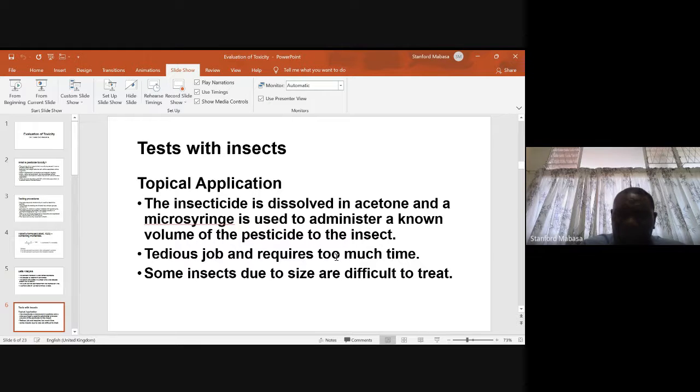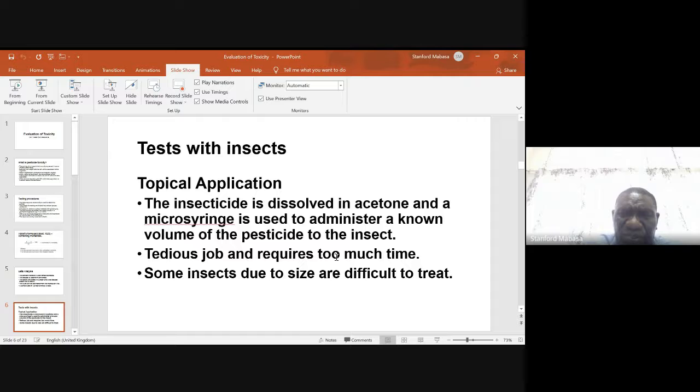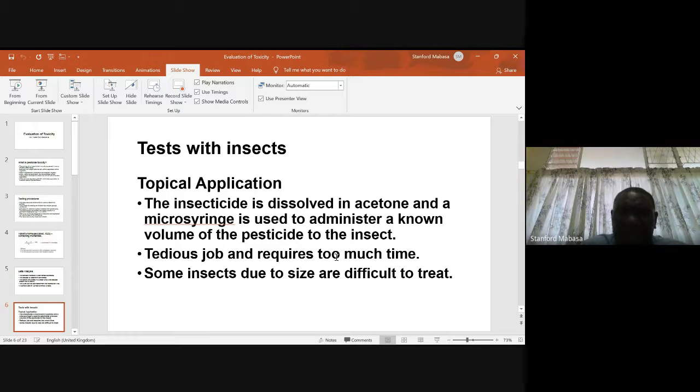Then you are going to use a micro syringe, which you take that pesticide dissolved in acetone and administer a known volume of pesticide to the insect. This is a tedious job and it requires too much time.